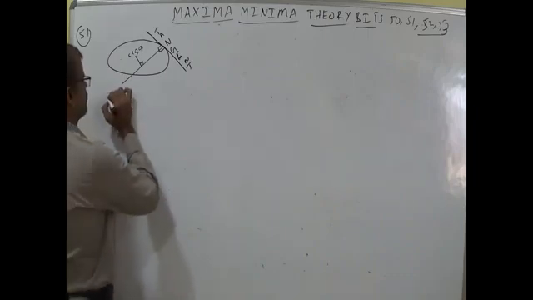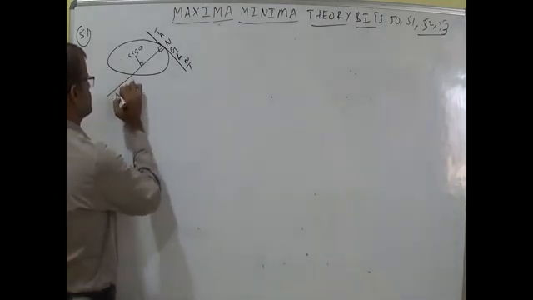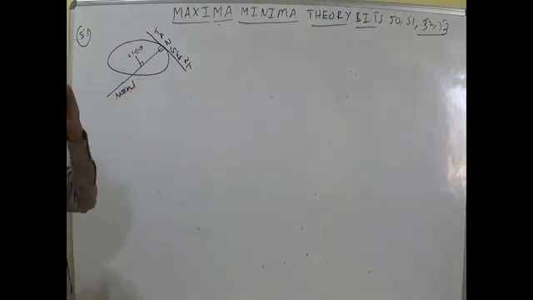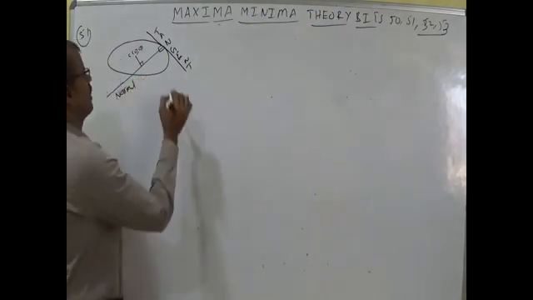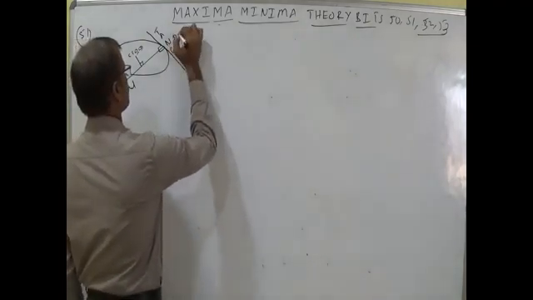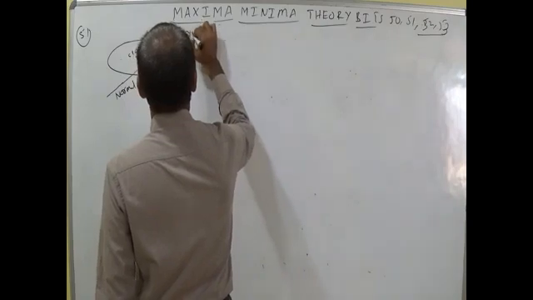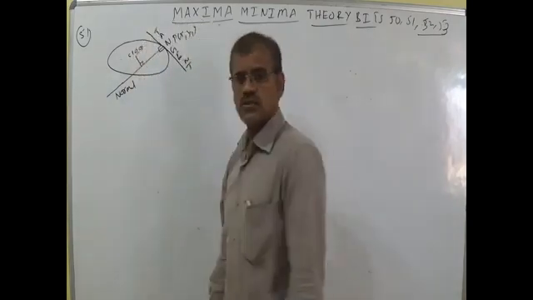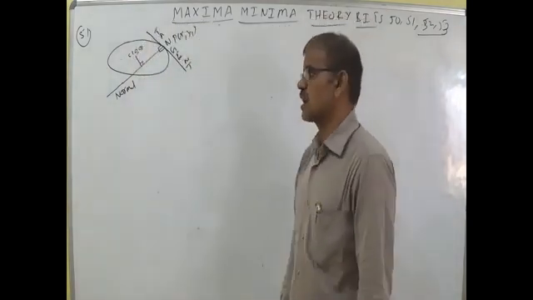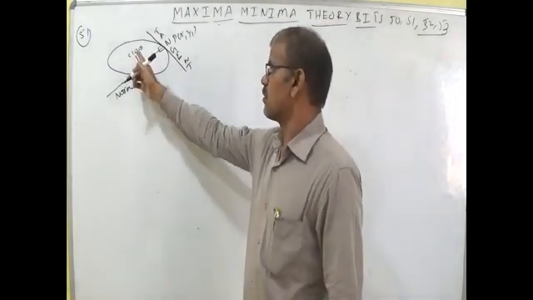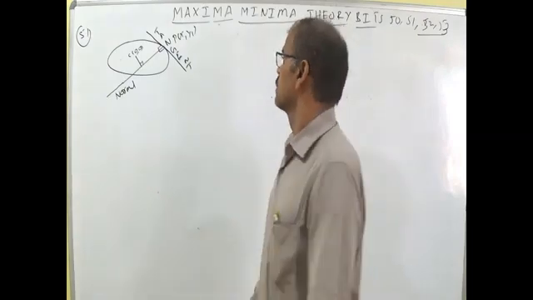We know that the normal is the perpendicular line. The perpendicular line of the tangent, passing through the point of contact, is called the normal for any curve. You should calculate this perpendicular distance from the origin to this normal.